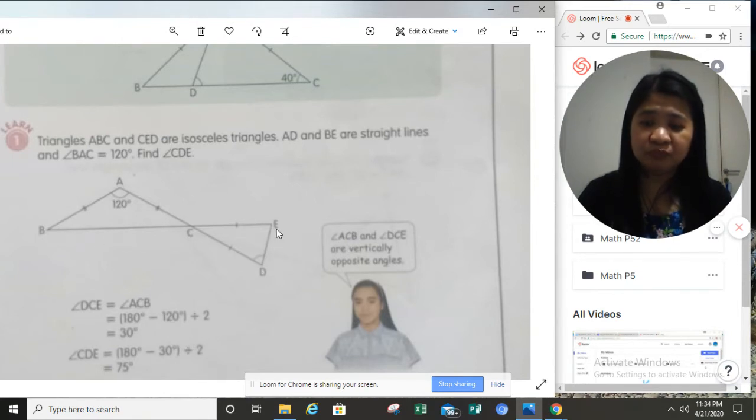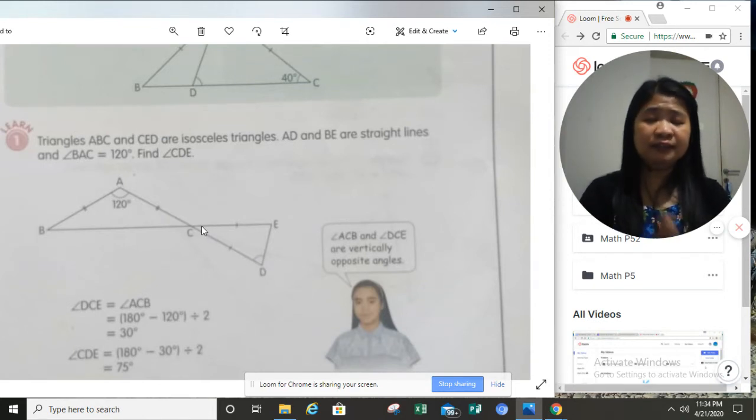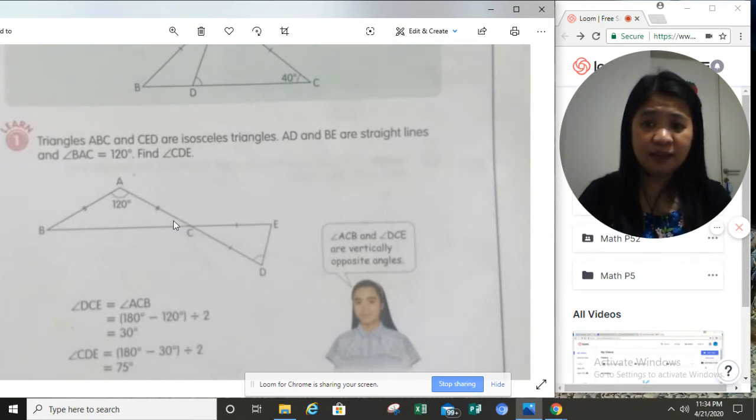These two straight lines create vertically opposite angles. Can you see that? In our concept, vertically opposite angles are equal, so the measure of the angle here will be the same as the measure of the angle on the other side.